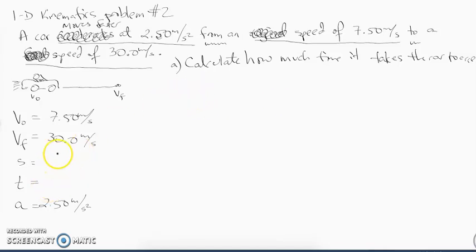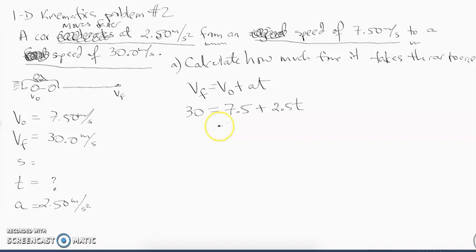Well, we have VO, we have VF, we have A, and for part A, I'm asking how much time. So I'm asking for time, and we will use the equation that doesn't have the S in it, our no S equation. So VF equals VO plus AT. And we have 30 equals 7.5 plus 2.5t.